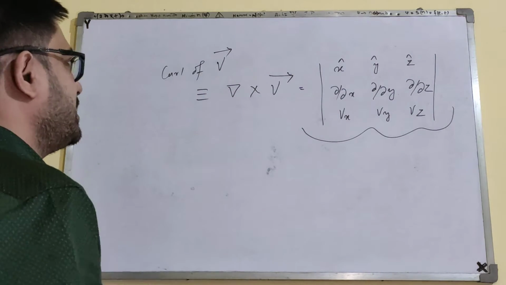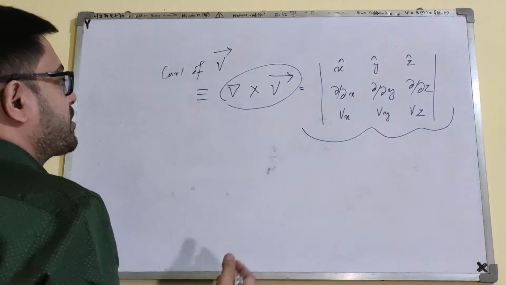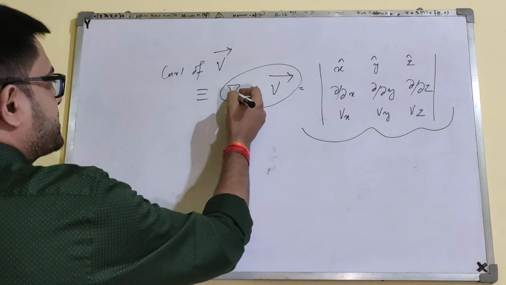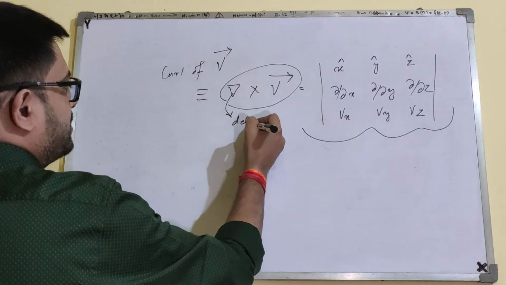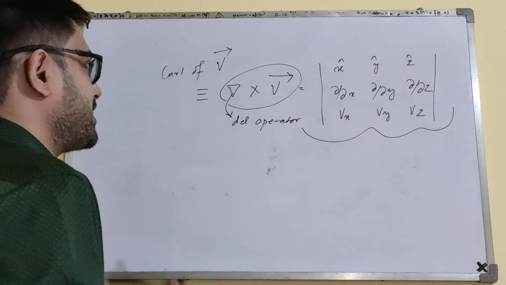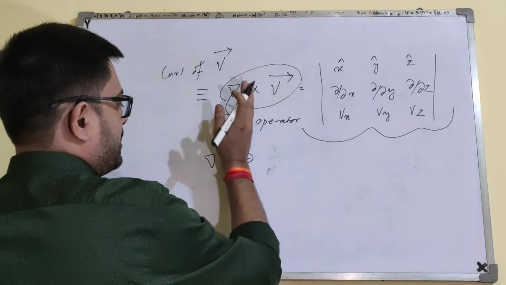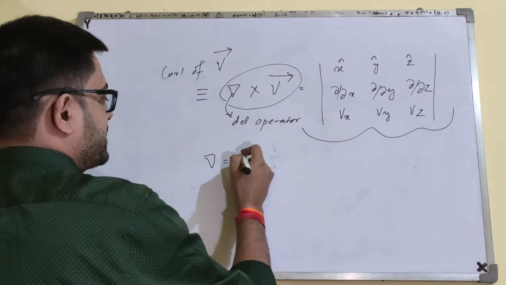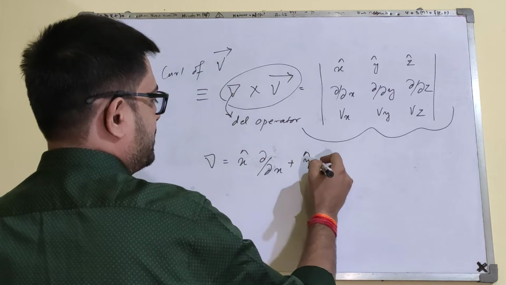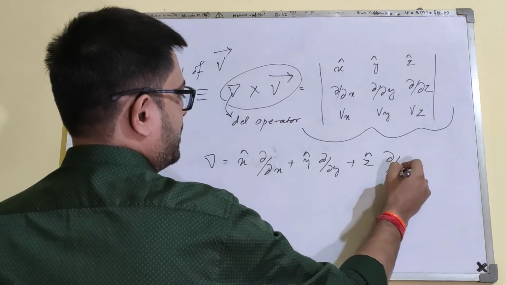And you can clearly see that when we try to find the curl, there is a cross product involved, and this cross product is not exactly a cross product between two vectors, because this del operator is not essentially a vector, it's a vector operator, and this is given by del is x cap del upon del x plus y cap del upon del y plus z cap del upon del z.